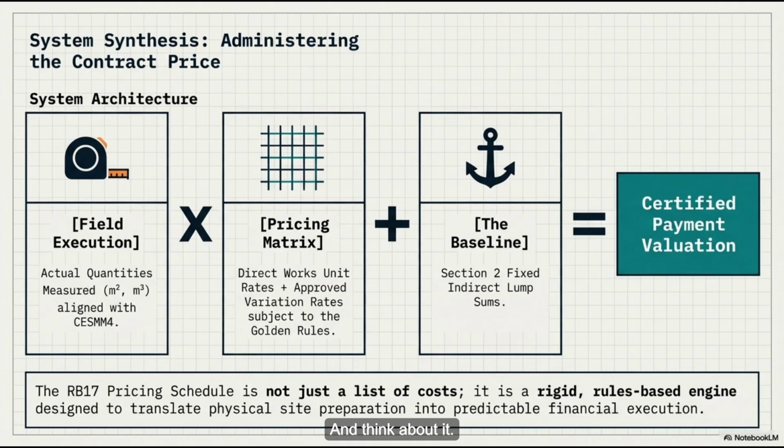And think about it. If the rate was bundled, if you just paid one single price for bulldozer plus operator, the contractor might try to argue for partial payment during a breakdown. Oh, like, hey, the guy is still here, pay us half. Exactly. Or they might try to shift the operator to another task just to hide the inefficiency on the spreadsheets.